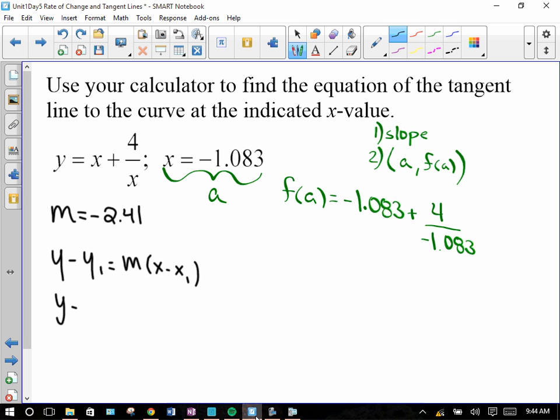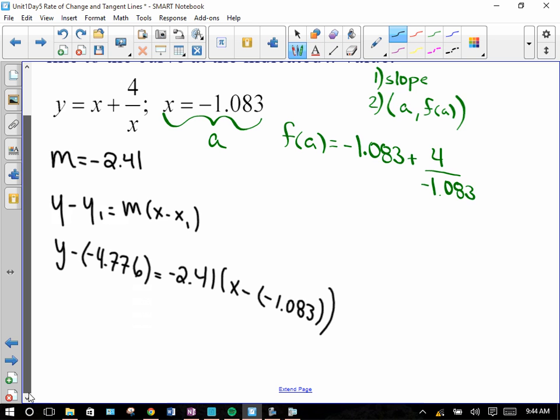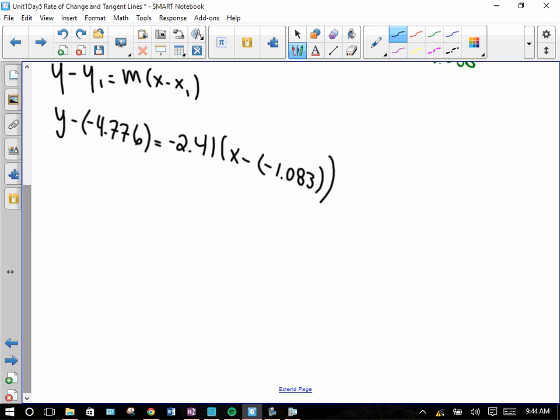So y minus negative 4.776 is equal to, we said m was negative 2.41, times x minus x1, which we said is a, so minus negative 1.083. The only thing left to do is simplify and get rid of those double negatives. So you have y plus 4.776 is equal to negative 2.41 times x plus 1.083.